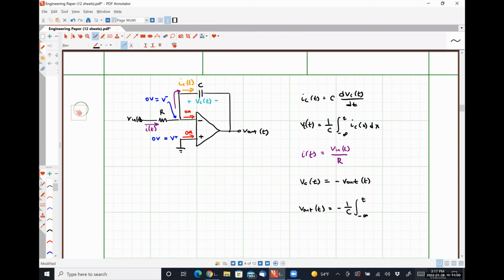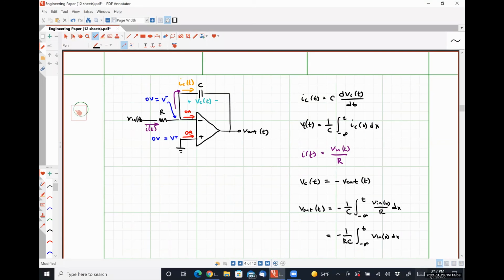But my capacitor current is simply Vn over R. And so slightly rearranging, I get negative 1 over RC integral from negative infinity to t of input voltage.